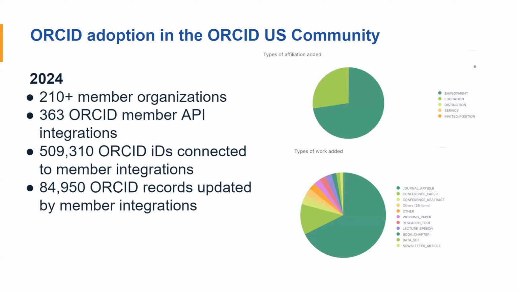In the pie charts on the left, we can see that of the data that organizations are writing to their researchers' ORCID records, some of the most common entries are employment affiliations, education affiliations, and also works. Primarily journal articles, but we're also seeing conference papers and abstracts, data sets, and lots of other different types of works.